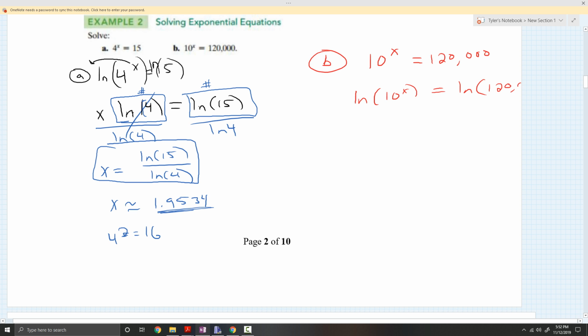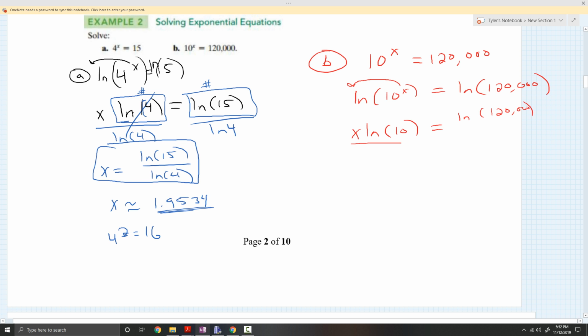Then, using a property of logarithms, the power property, I can pull that exponent out front. So we get x times the natural log of 10 equals the natural log of 120,000.